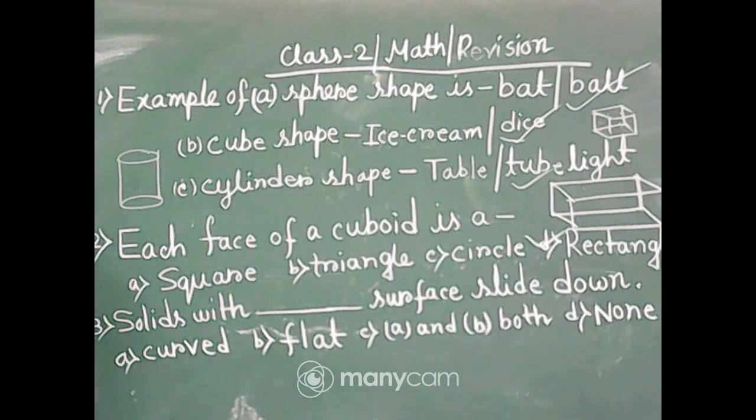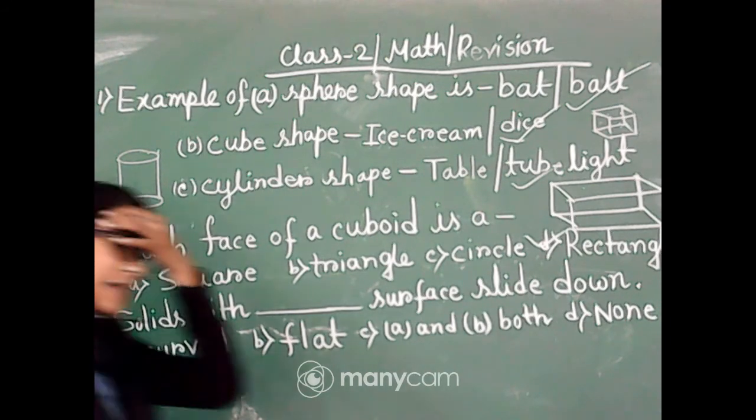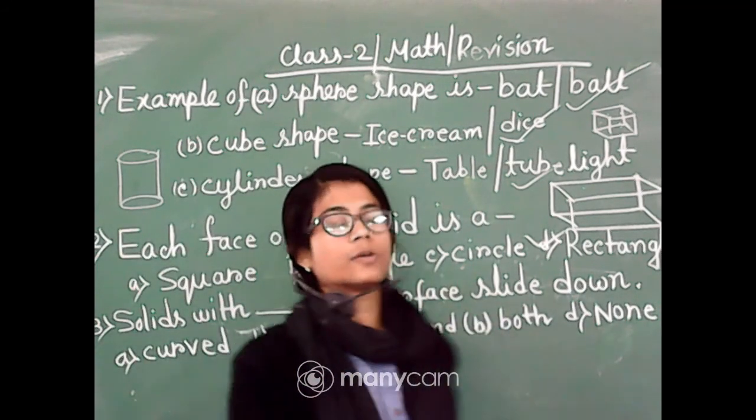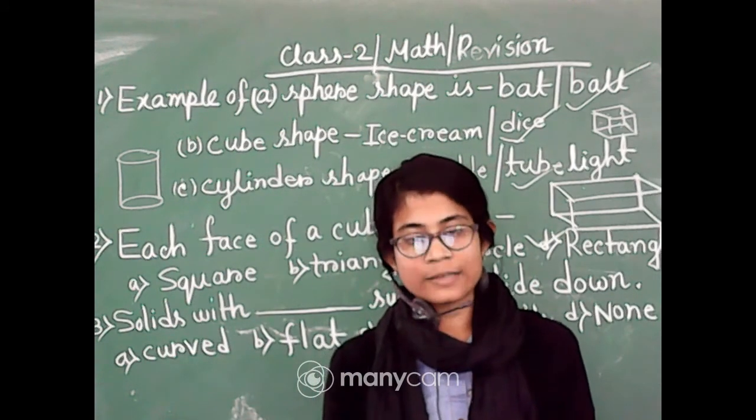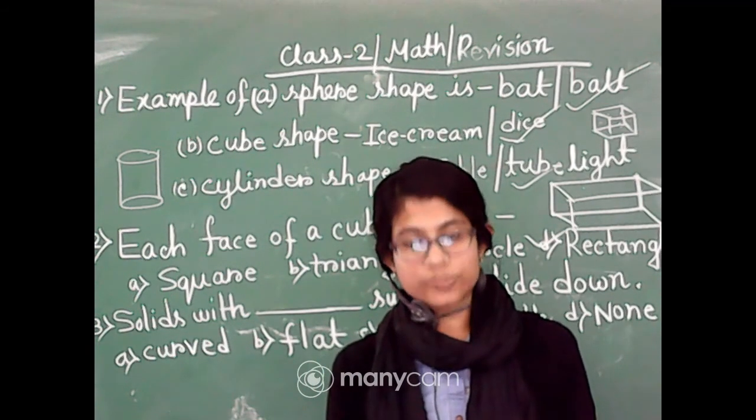Now the third question: solids with dash surface slide down. Options: curve, flat, A and B both, or none. Now, what are solid figures? Examples have been given in our book: cube, cuboid, cylinder, cone, sphere.